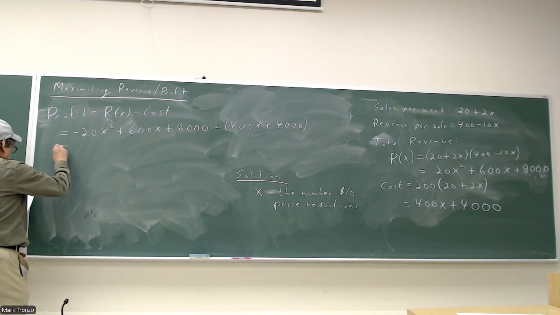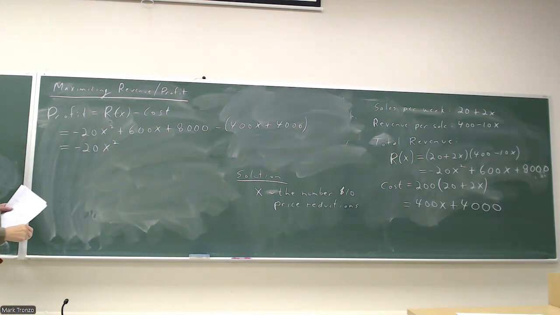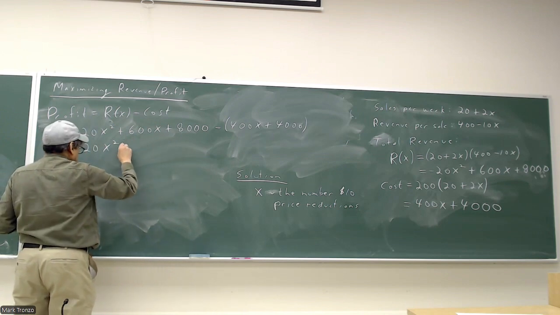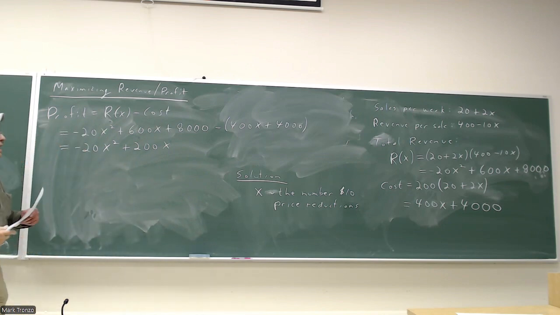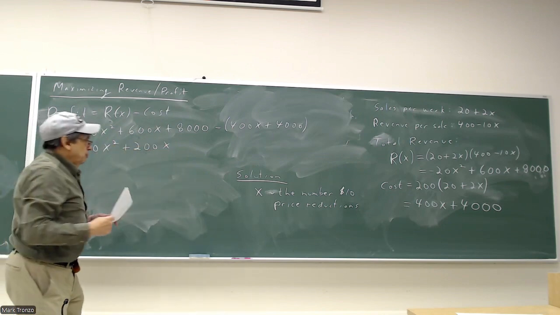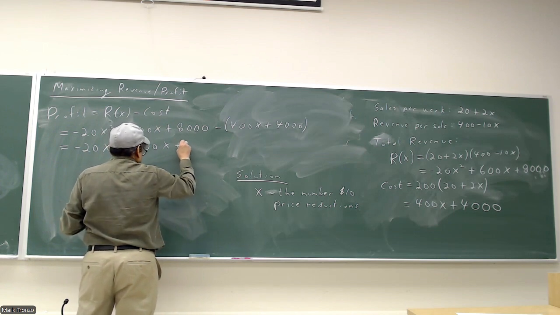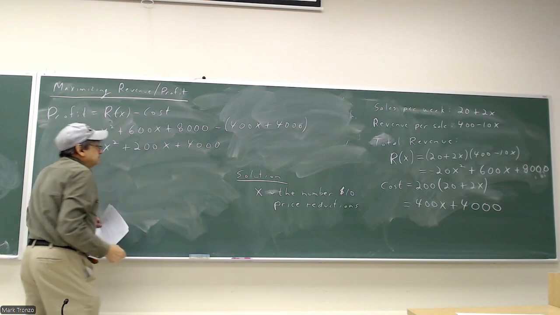And this is going to end up being minus 20x squared plus 200x, and the 8,000 minus the 4,000 will give us 4,000.